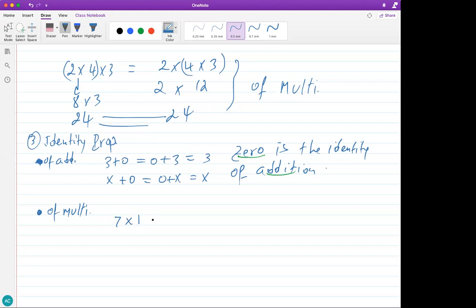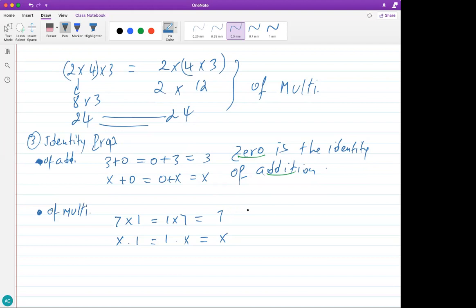Will anything change if you times a number by 1? Nothing changes. 7 times 1 is the same as 1 times 7, which is 7. For any real number x, x times 1 is the same as 1 times x, which is also itself, x.